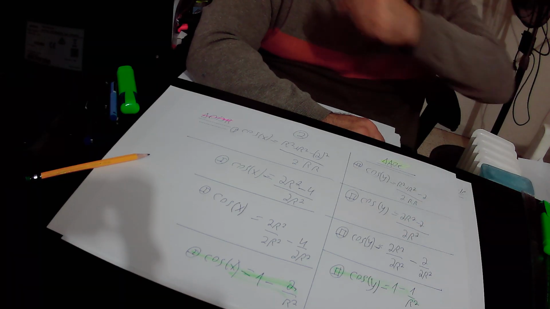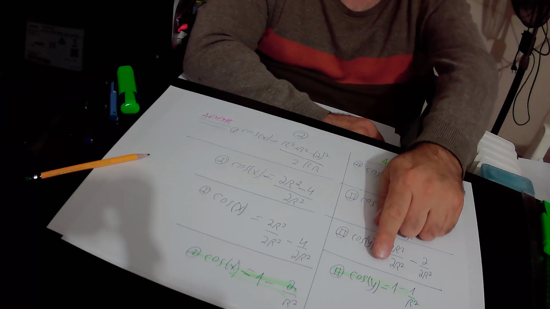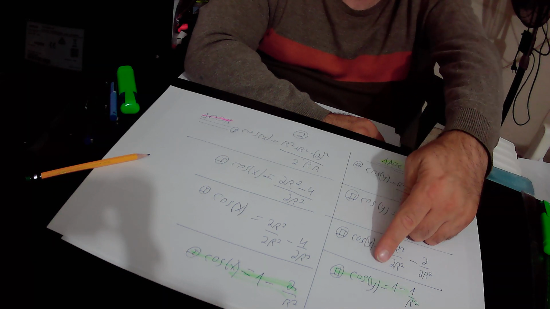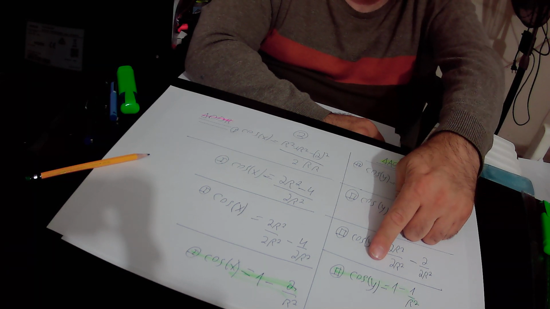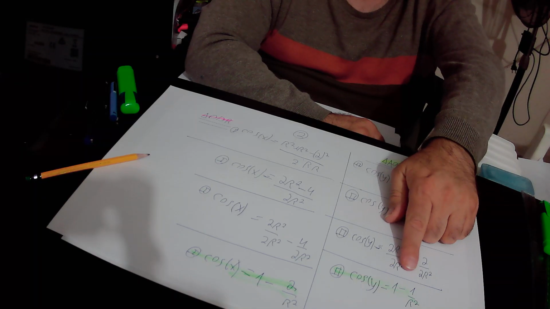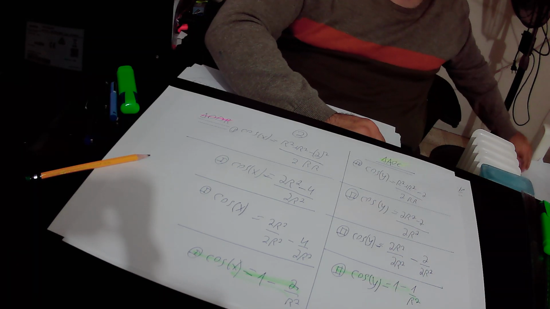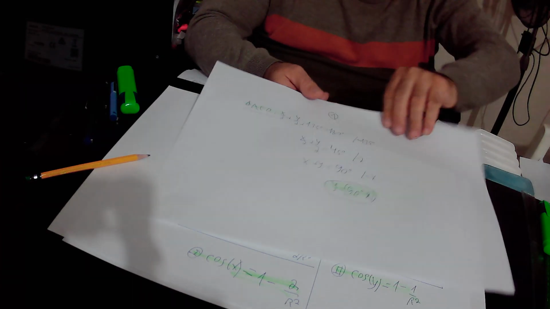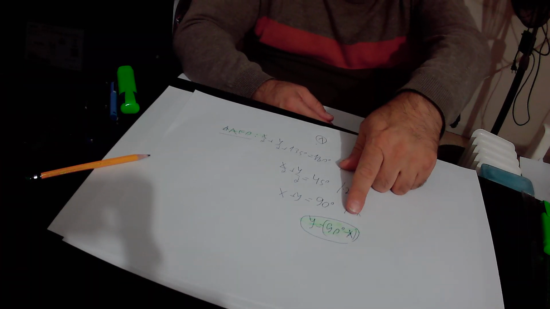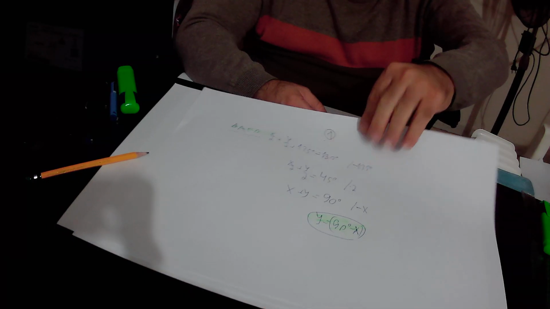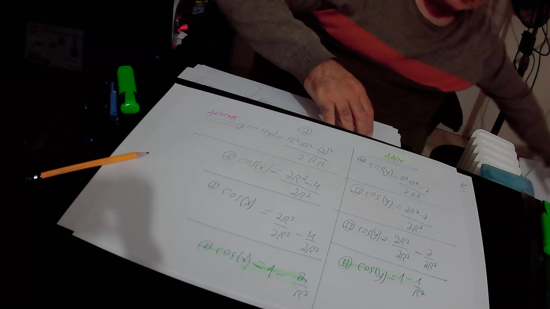So in total we found out that according to the second equation, in the yellow triangle AOC, cosine y equals 1 minus 1 over r squared. We have already found out that y equals 90 degrees minus x, so we can substitute y by 90 degrees minus x.